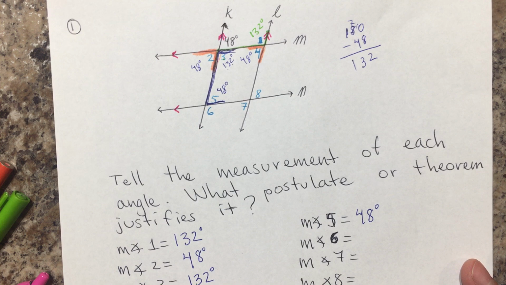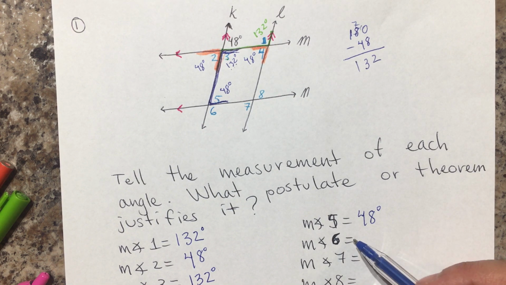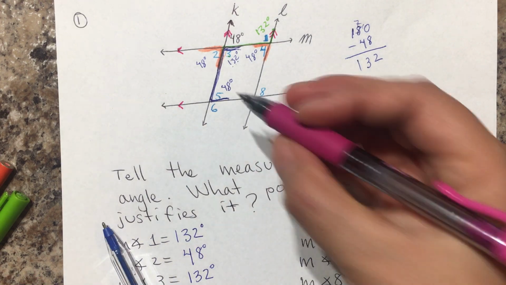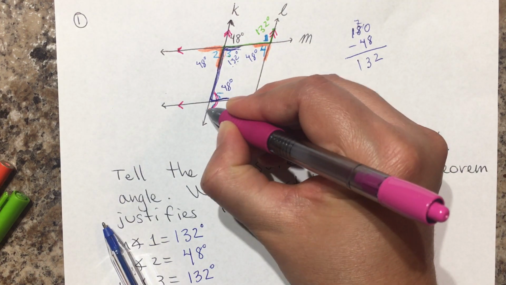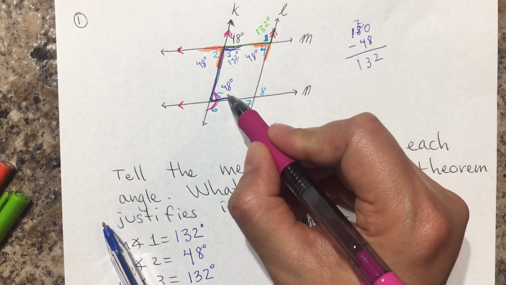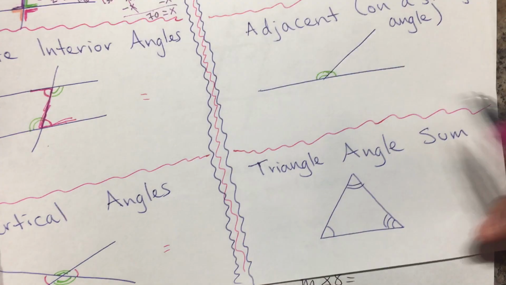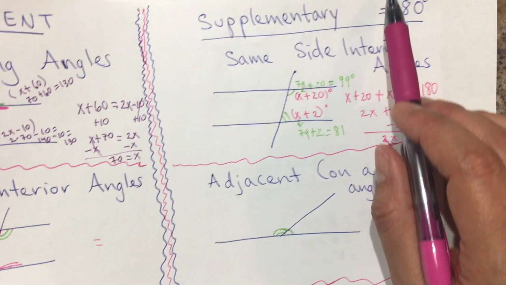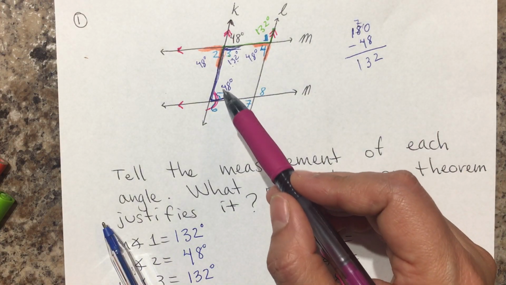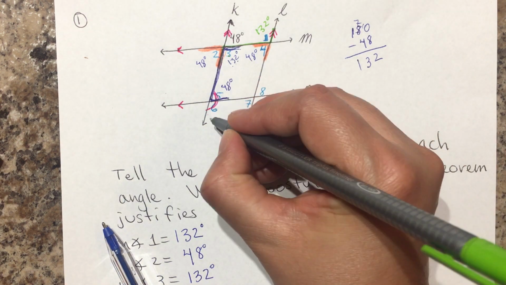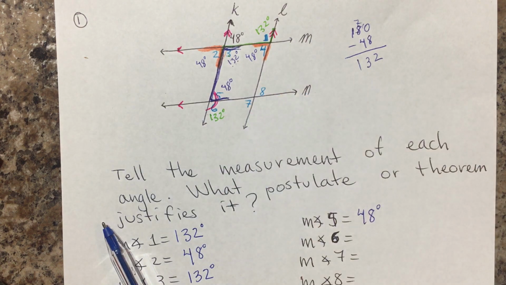Okay. What else can we find? Angle 6 can be the half orange right there. Remember that if they're next to each other, forming a straight angle, then they are supplementary, 180 degrees. So if this is 48, we're missing 132 degrees.